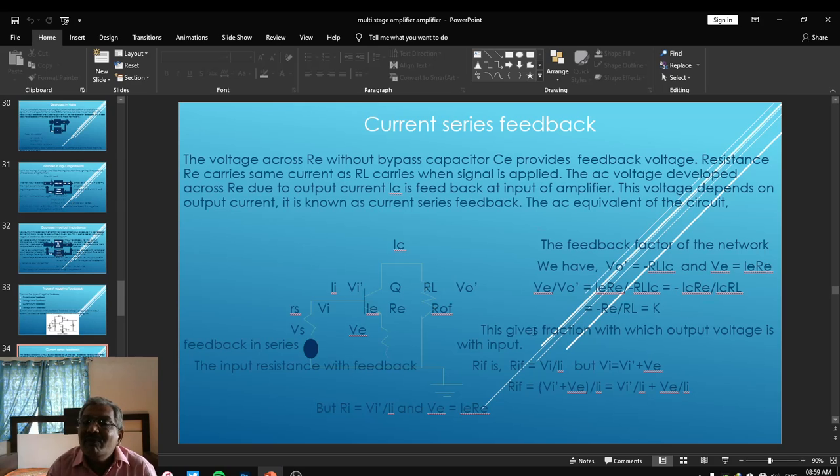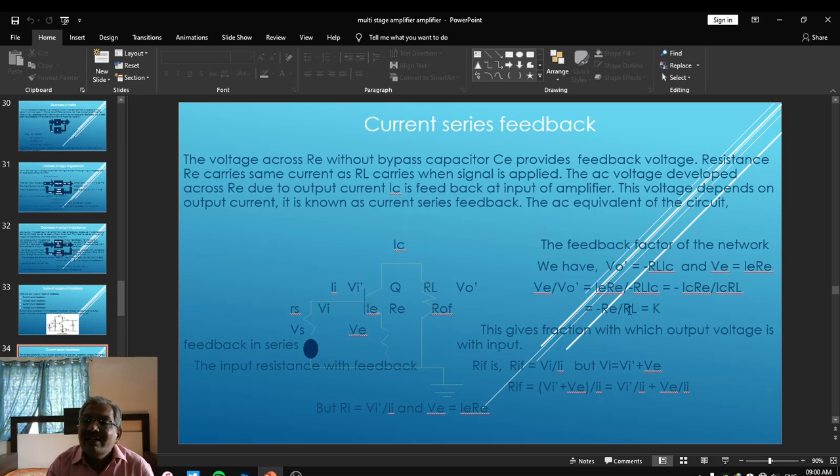Therefore, VE upon Vo dash is equal to IE RE upon minus IC RL. But we know that for current series feedback, IE is equal to IC, and that's why we can say minus IC RE upon IC RL. IC will cancel, and VE upon Vo dash is going to be represented as minus RE upon RL. This is nothing but K, that is the feedback factor.